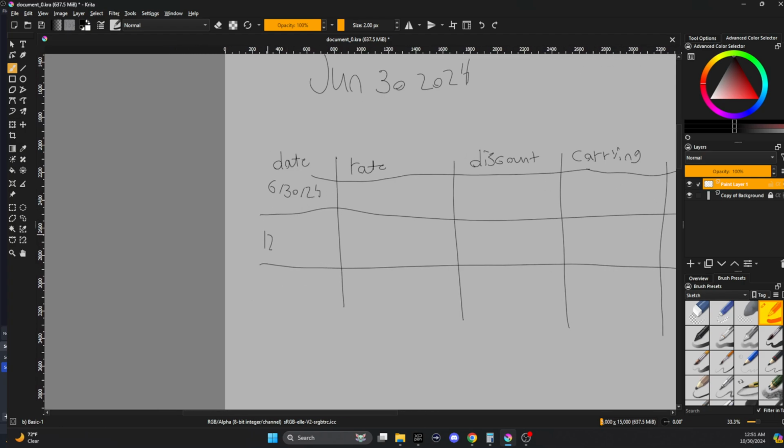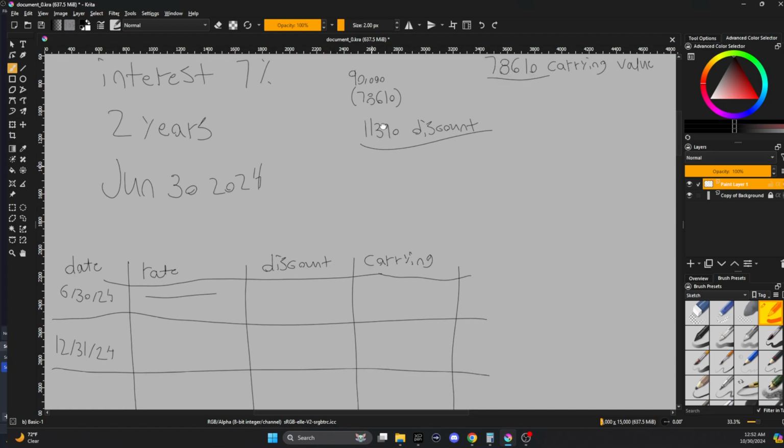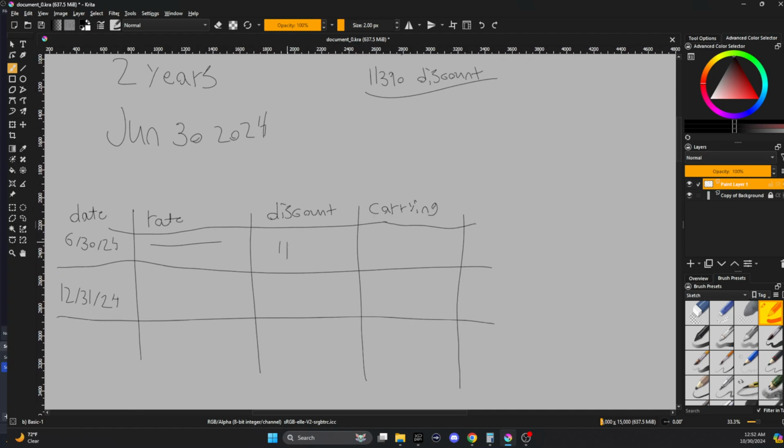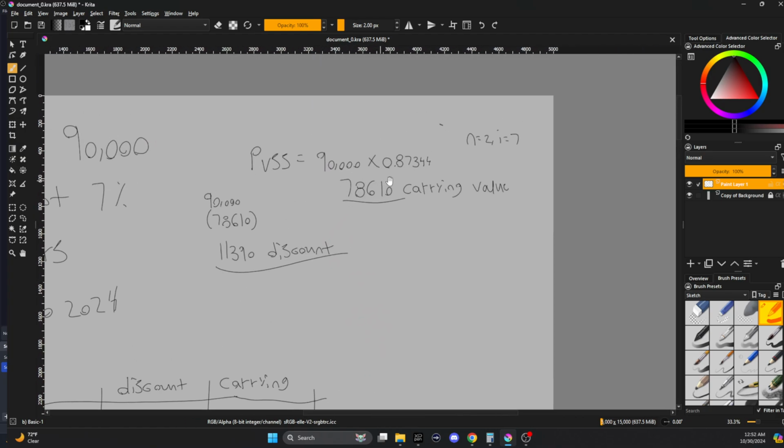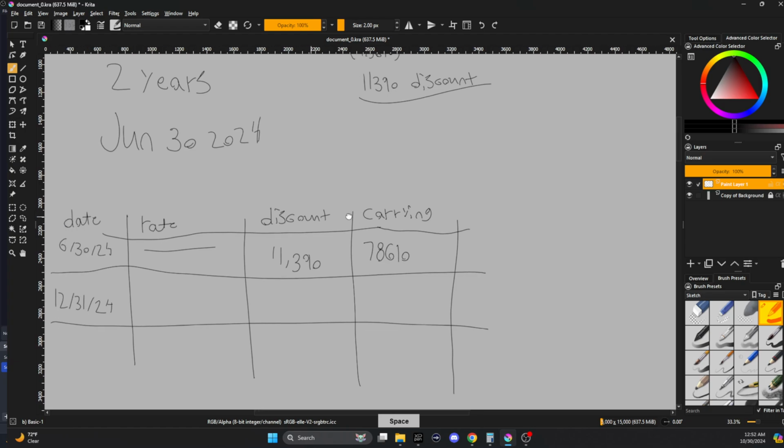So the next date is going to be 12/31/24, and it wants us to find this number here. So this is going to be null. The amount of our discount is going to be 11,390, and our carrying value is going to be 78,610. Okay.